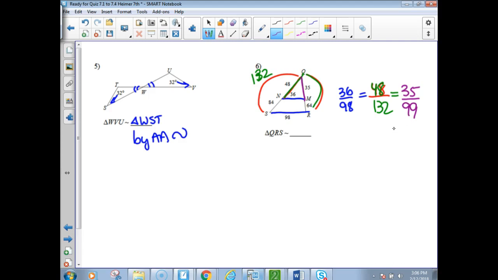These are not equal. I could reduce these, 18 over 49, and this one's going to be something weird. Does anybody reduce 48 over 132? It's 4/11ths. And then this one doesn't reduce at all. So these aren't equal. See, these are not similar.